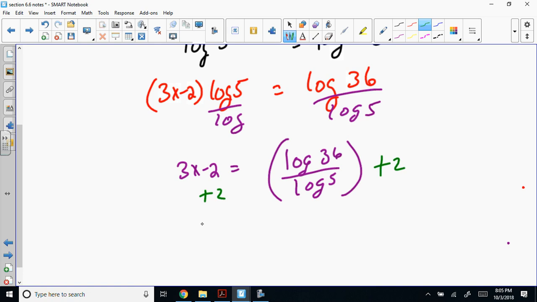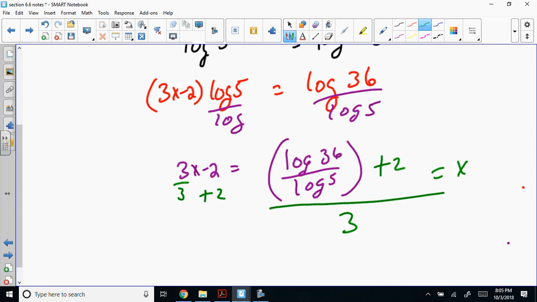And then I also have to divide the whole thing by what? 3. Do y'all see what I just done there? So that's what my x is going to be. I've done it in one step, but two things. I added 2 and divided by 3, right? So I add the 2, boom, and then everything's divided by 3.